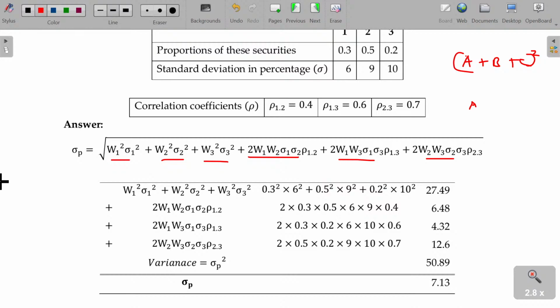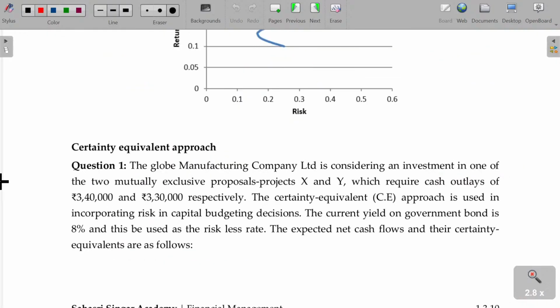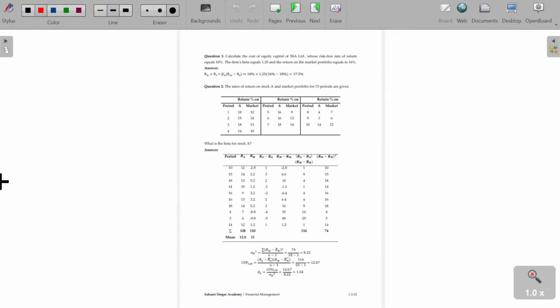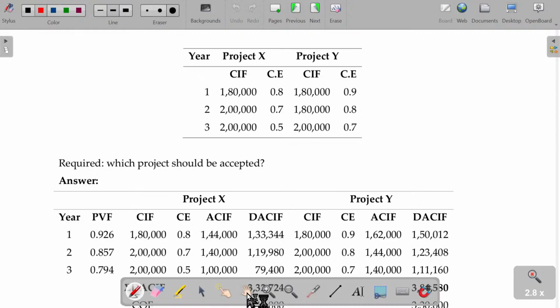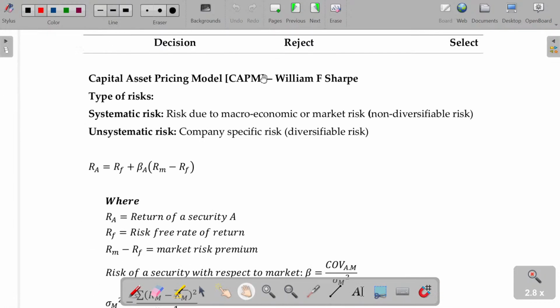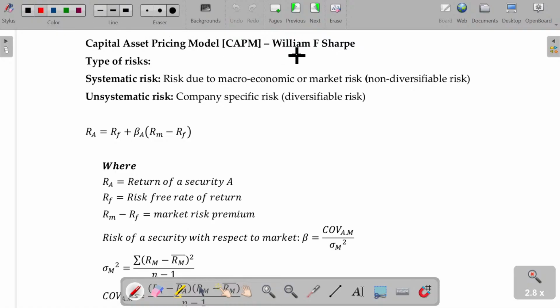Now let's move on to the William F. Sharpe model. This model you might have already studied. How do you calculate the cost of equity? Come on, tell me.